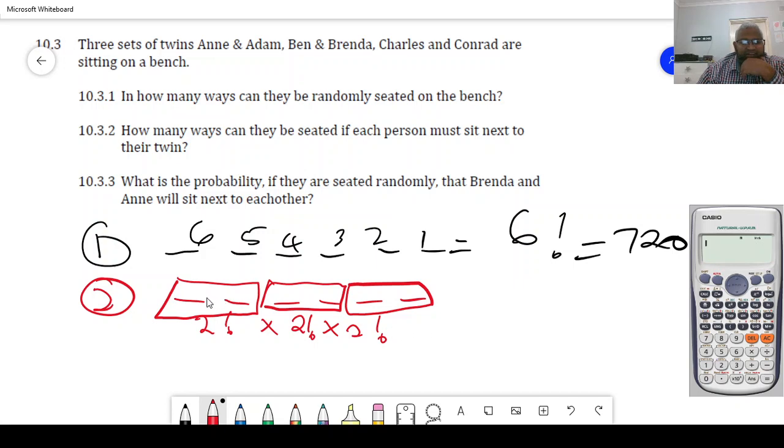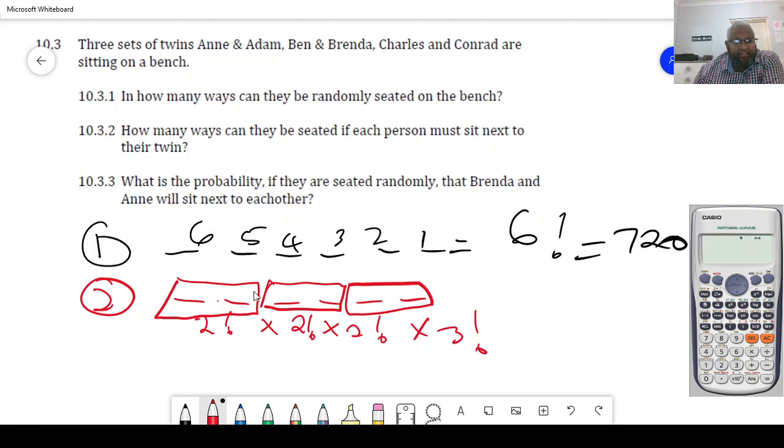However, Adam and Anne can lie first, say in the second group, or in the third. So these twin pairs can also swap around in 3 factorial ways. Just look at it again.